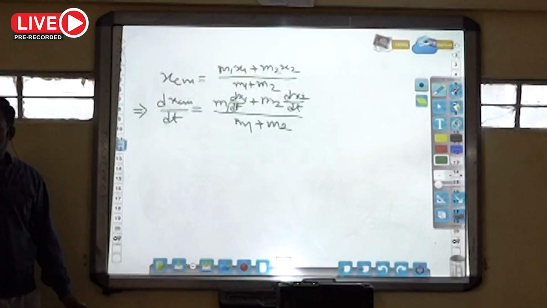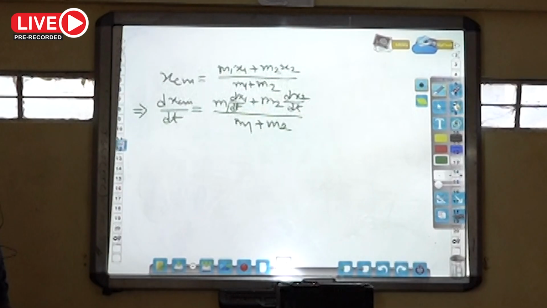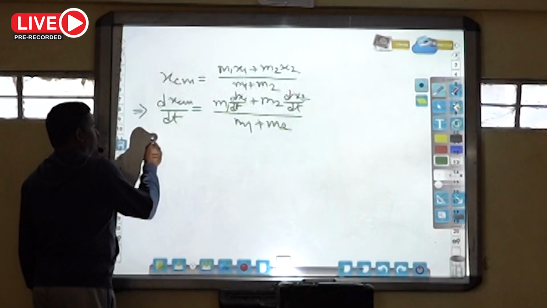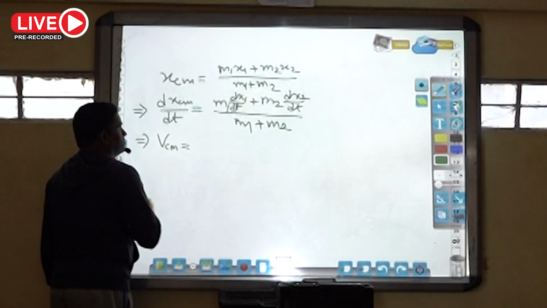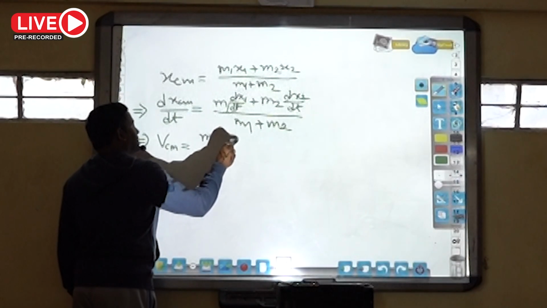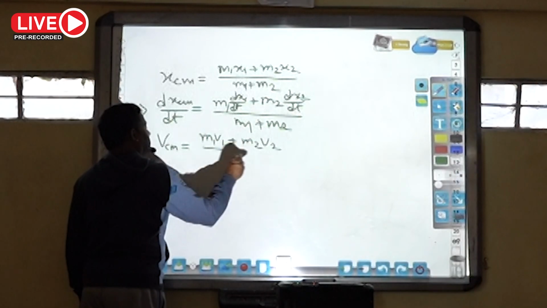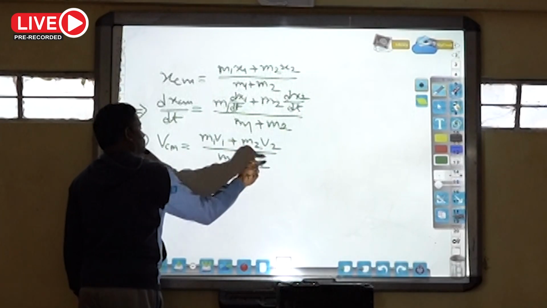Because mass is constant, the derivative falls on dx1/dt and dx2/dt. Now you can write this as V_cm, that is equal to m1 v1 plus m2 v2 divided by m1 plus m2.